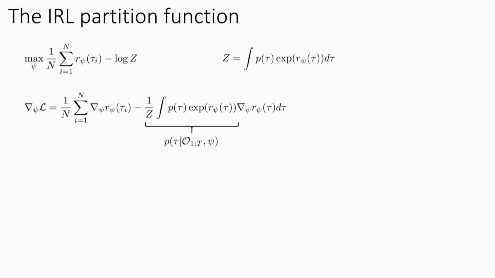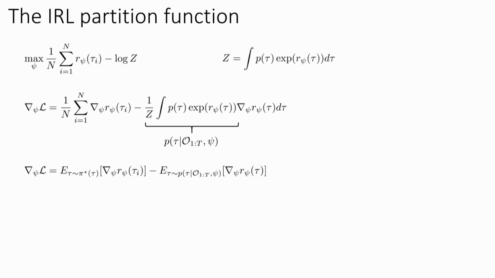So this whole bit, everything except for the grad, is basically the probability of tau given O1 through t comma psi. So that means that that whole thing can be rewritten as the expectation under the soft optimal policy for my current reward of grad r psi. And then the first term is just a sample-based estimate of the expectation of the gradient under pi star.